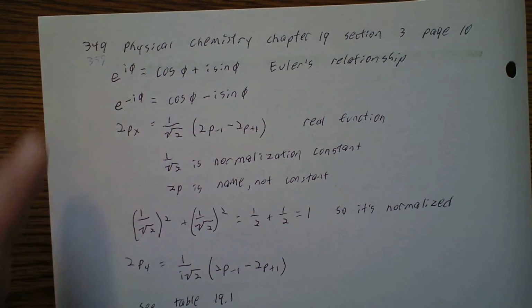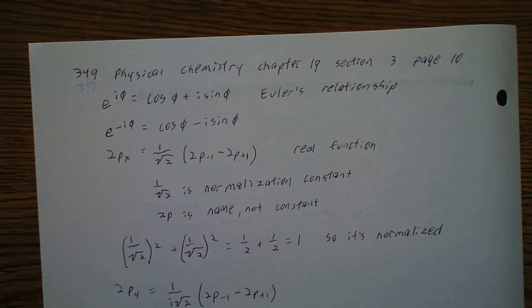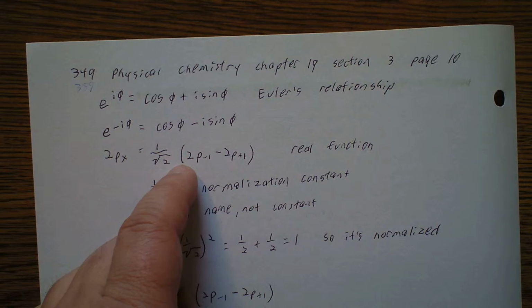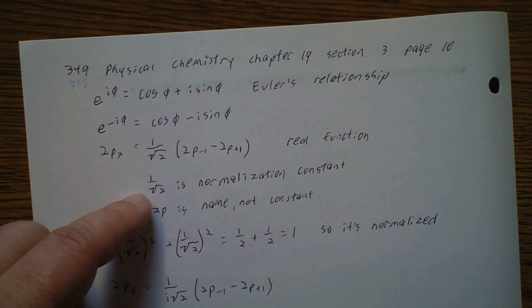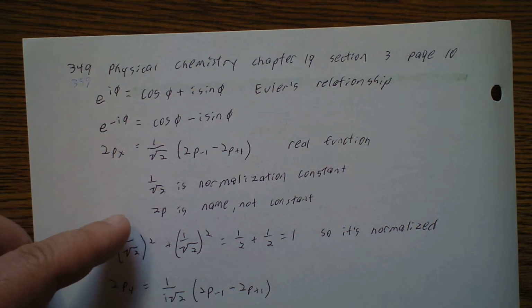So e to the i phi is equal to cosine phi plus i sine phi. That's called Euler's relationship. So we have e to the minus i phi equals cosine phi minus i sine phi. So we have 2px, that's 1 over the square root of 2, times 2p minus 1 minus 2p plus 1. That's a real function. This 1 over the square root of 2 is the normalization constant.